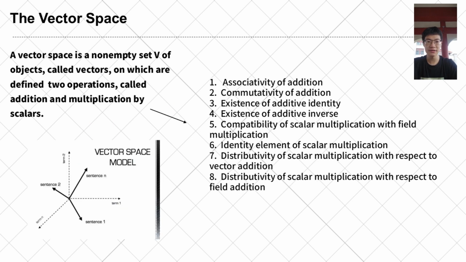A vector space is a nonempty set V of objects called vectors, on which are defined two operations, called addition and multiplication by scalars, subject to the rule that all of the vectors operate by the axioms on the right, such as the sum of two vectors originally in V belong to V, the existence of additive inverse, compatibility of scalar multiplication with field multiplication, and so on. Like the picture shown below is a vector space with 3 dimensions. We write it as R power 3.